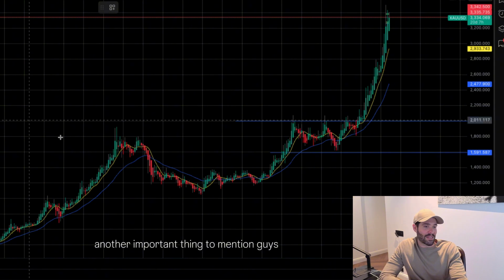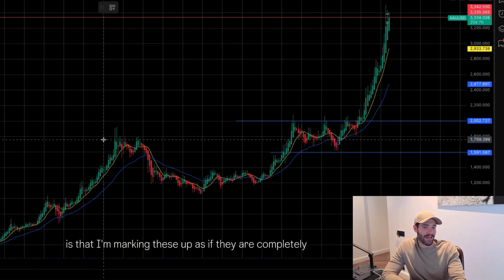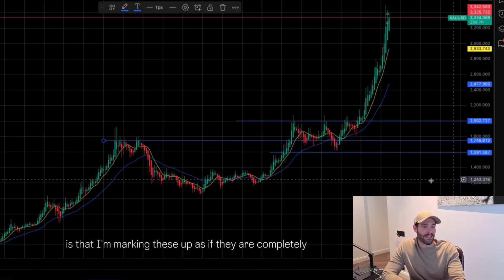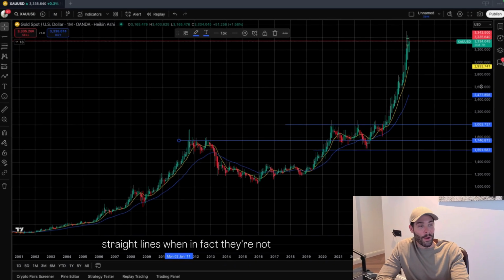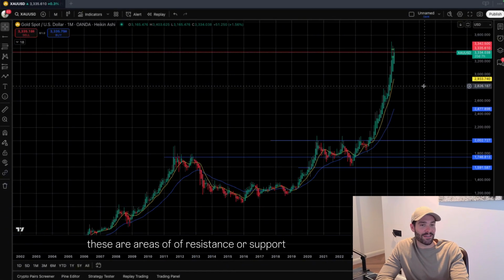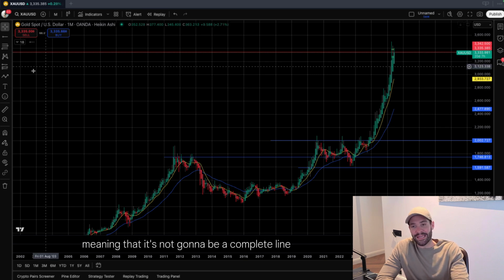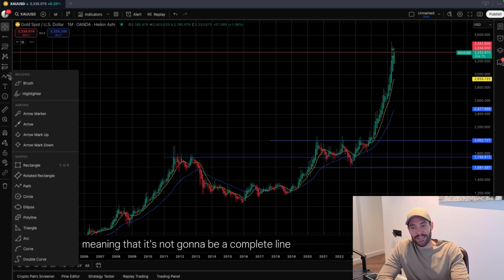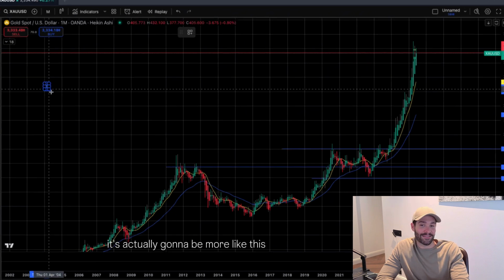Another important thing to mention, guys, is that I'm marking these up as if they are completely straight lines, when in fact they're not. These are not levels of resistance, these are areas of resistance or support. These are areas of interest, meaning that it's not going to be a complete line, it's actually going to be more like this.